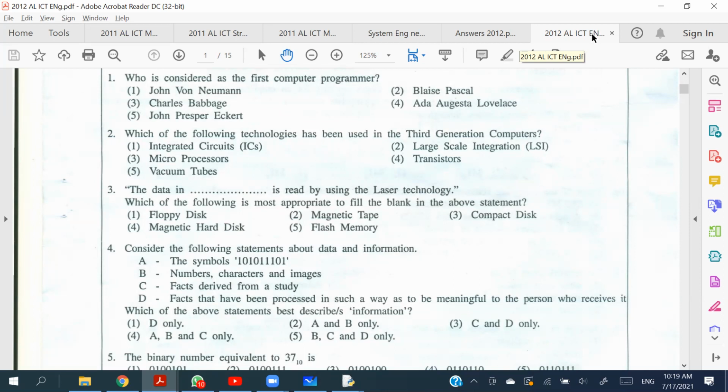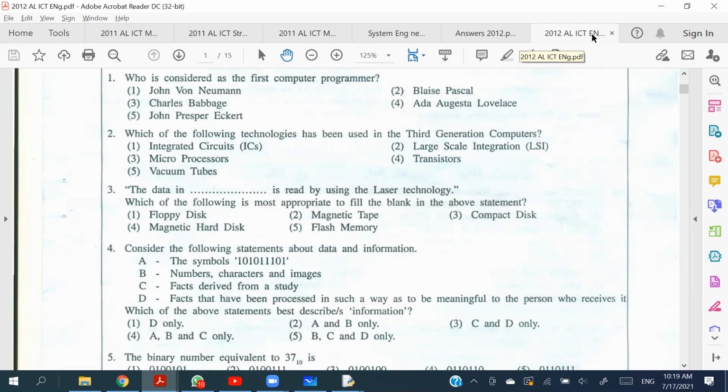So part B is asking number, character, and images, right? Again, when we are defining the data, we are referring to the symbols, numbers, characters, and images. So A and B are definitely going to be data, right? So A and B are not going to be in your answer.